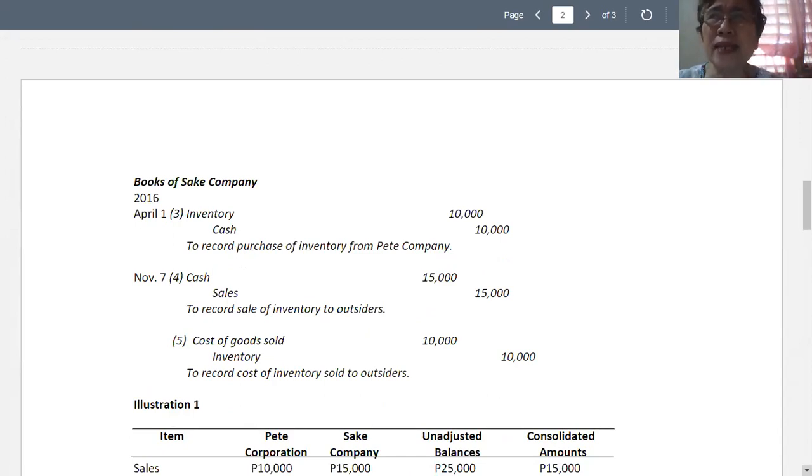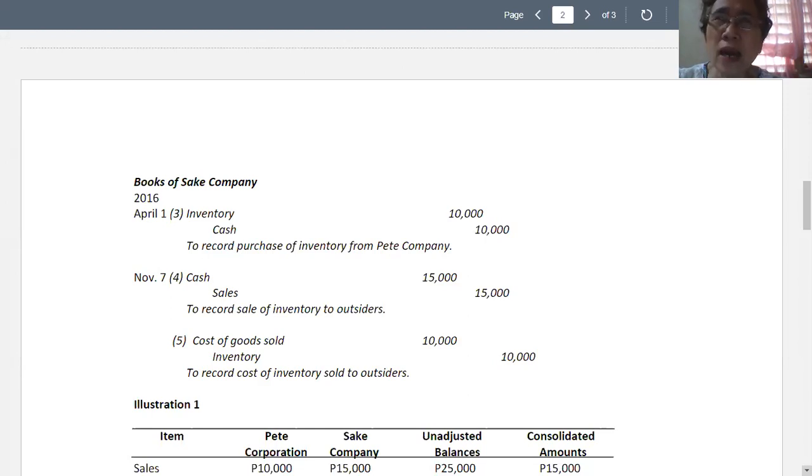So you can see Pitt taking the role of the parent and SAIC the subsidiary. The parent sells merchandise to the subsidiary; the cost of the inventory to the parent is only 8,000, but it sells the goods to the subsidiary at 10,000, meaning there's a profit of 2,000.